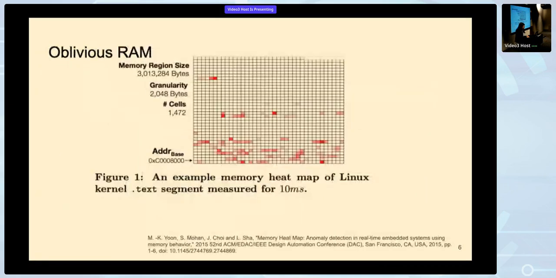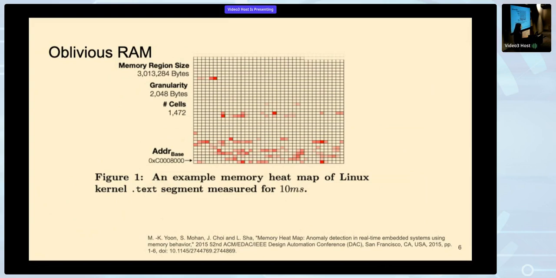Here I would like to give you some intuition, by observation, of why memory access patterns can leak information. Here's a heat map of the Linux kernel. For each memory address, the darker it is, and you can see some very red blocks here while others are white, the more frequently it gets accessed during a given program execution, and this is program dependent.